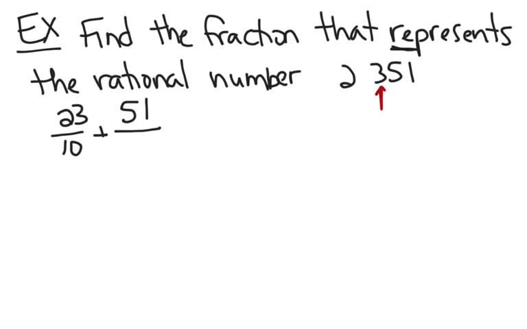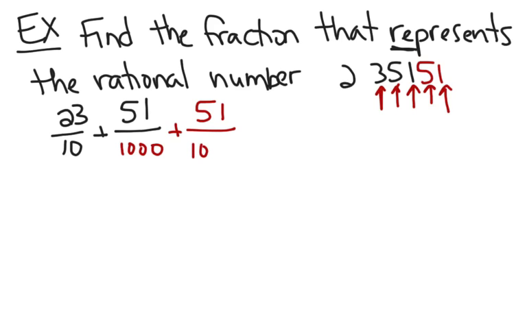This was the 10th place, the 100th place, and the 1000th place. Since the 1 is in the 1000th place, we're going to put the 51 over 1000. So now the next part where it repeats, thousandths, 10,000ths, 100,000ths, and so on and so forth.